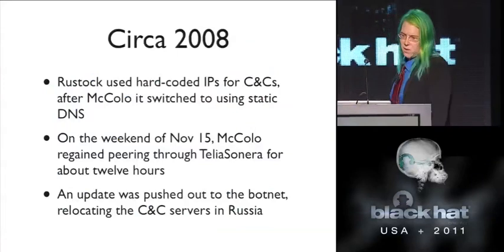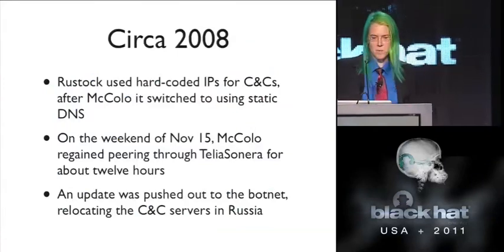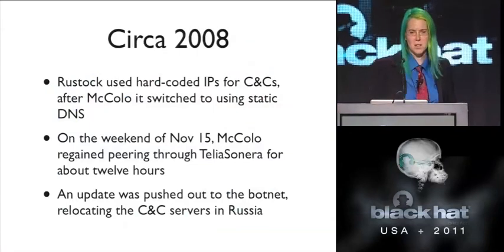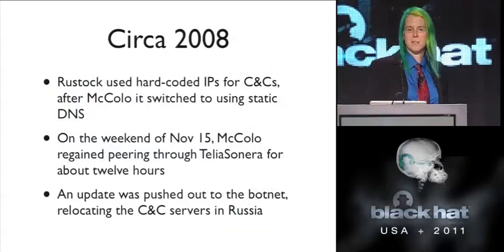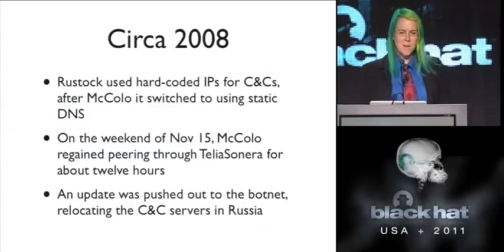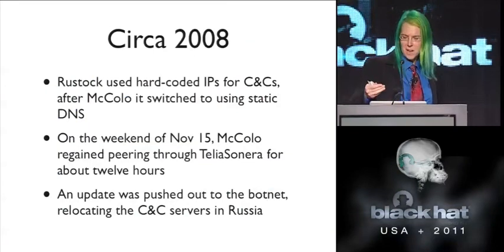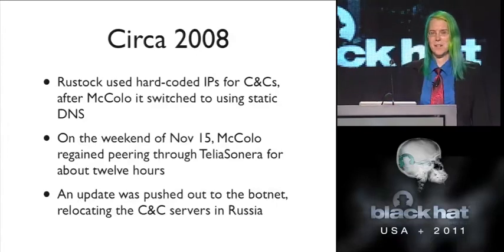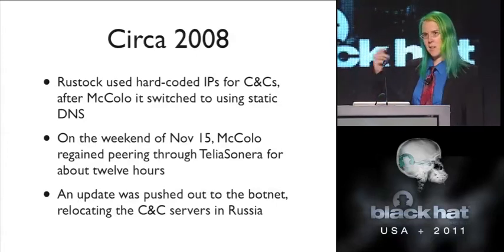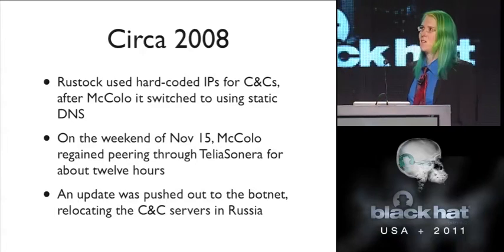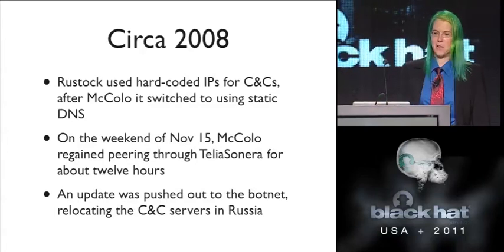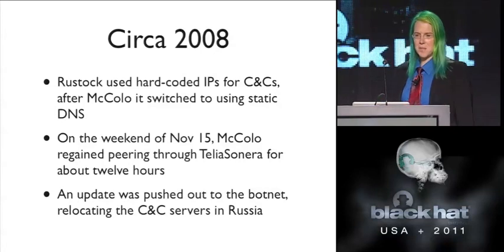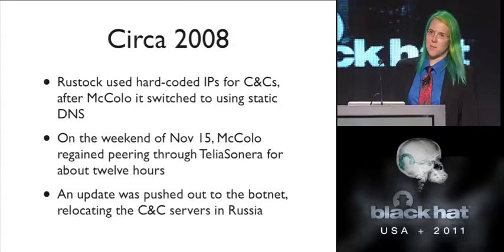So Rustock was using hard-coded IPs at the time, and some of the versions of Rustock did have a backup set of DNS names, but a bunch of them didn't. However, on Saturday, after the initial takedown, Mikolo made use of their backup peering agreement with Telia in Sweden, and for about 12 hours the IP block was routable again.